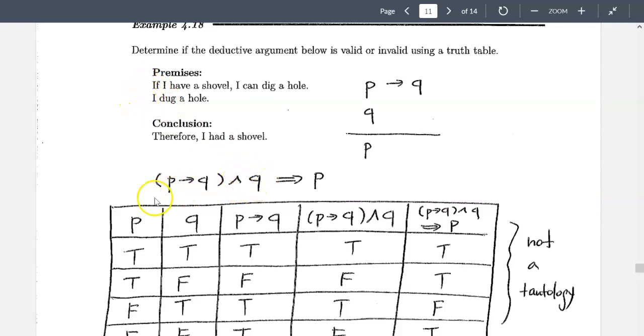Now we see this double bar with the arrow. This is the same as just the single bar. We just use the double bar in arguments. So this is really if-then. This is a conditional statement. So if you want to read the whole thing out, it will be something like this: if (if P then Q and Q), then P happens.